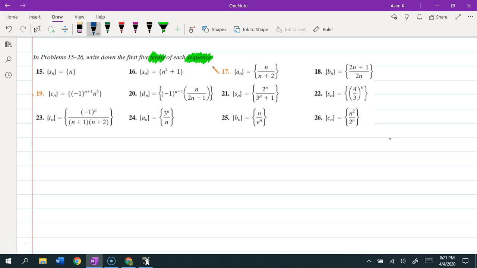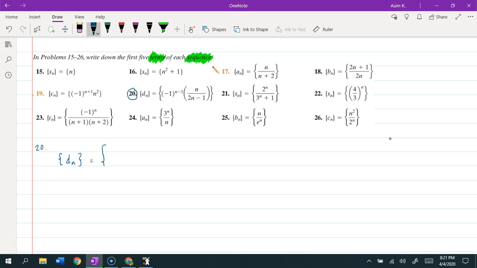The best way I have found to explain this to students is just to try an example, and it makes a whole lot more sense that way. So I'm going to take number 20. I'm going to try to stick to just doing one. So number 20, first off, notice that it's got this really interesting looking bracket around it. It says D sub n. That's read D sub n.